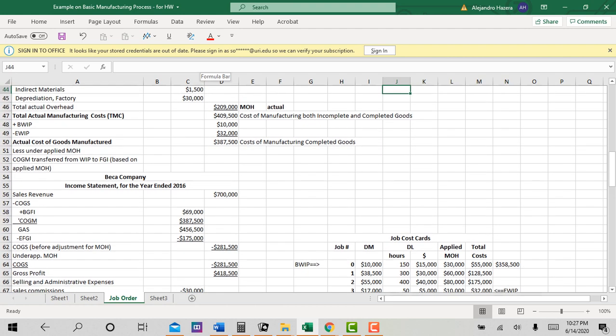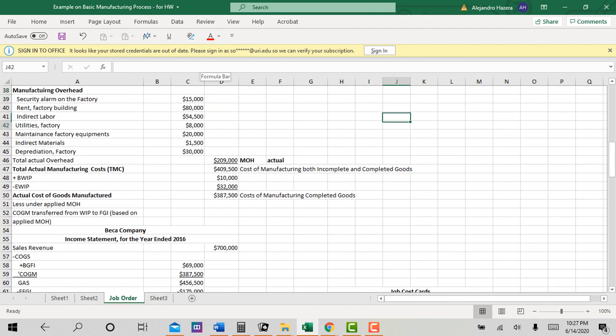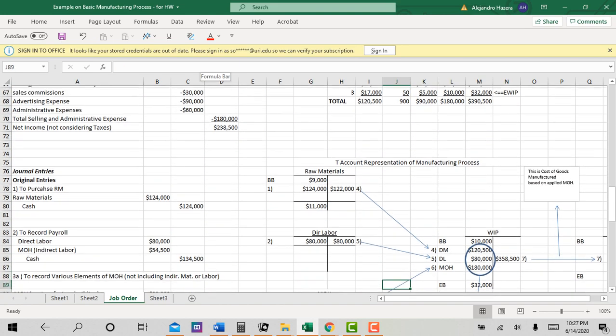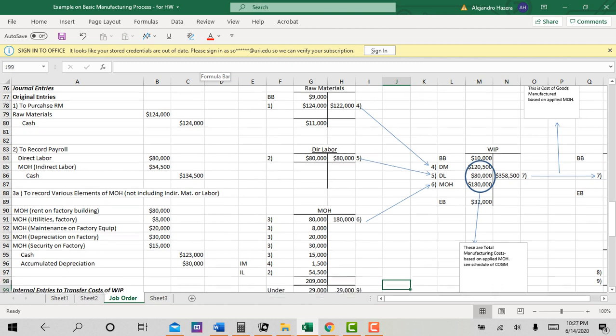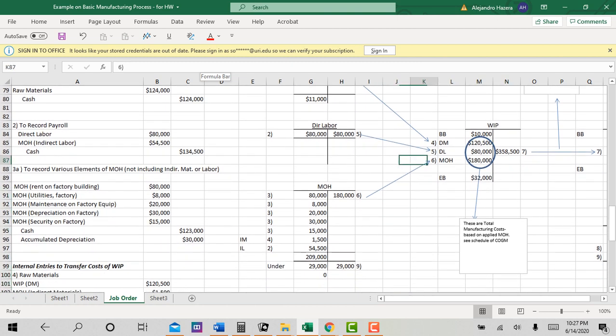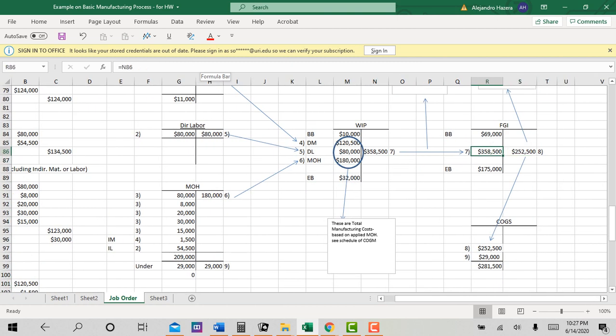Let's see. I'm maybe a little bit off my assumptions there. Anyway, so this 358.5 is the cost of goods manufactured that came over here.